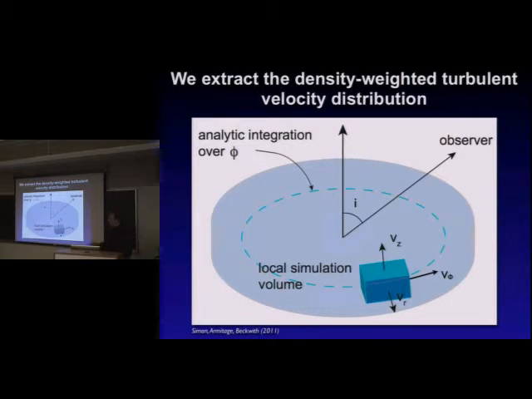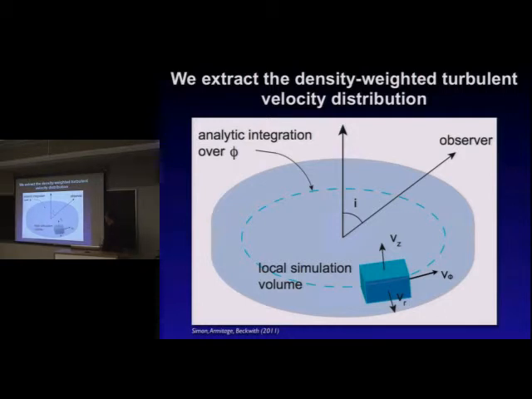So basically, we just extract the velocities from our simulations directly, and we separate them into two components. One is the vertical motion of the gas, which is just VZ. The other is an azimuthally averaged form of VR and Vphi, based on looking along a line of sight and then averaging over a disk.